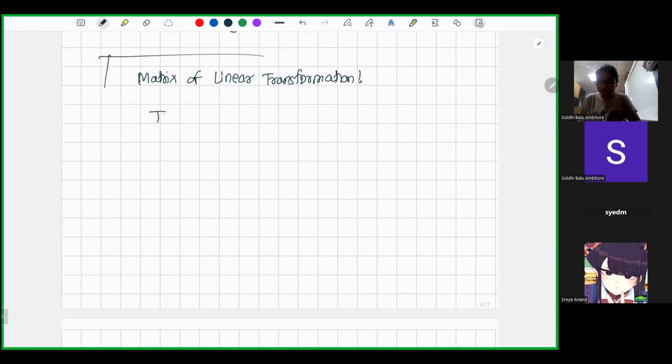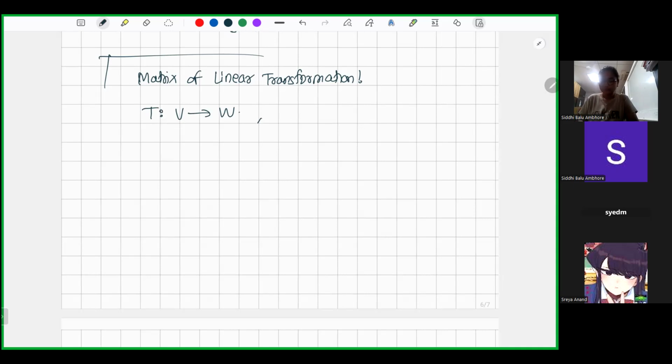If we have some linear transformation T from V to W, finite or infinite dimensional, we do not care, but each has some basis.